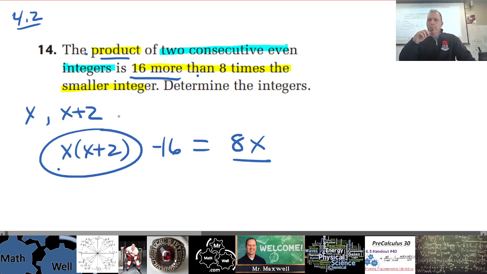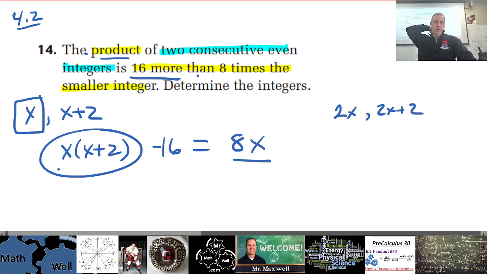Would not we have to account for the x always being even, therefore 2x? No, x is your even number. You don't have to make this 2x. You could say 2x and then 2x plus 2 if you want. That's fine too. But you wouldn't have to do this because we are letting x equal the first even integer.